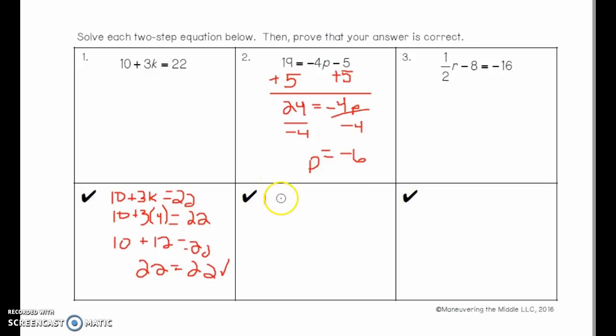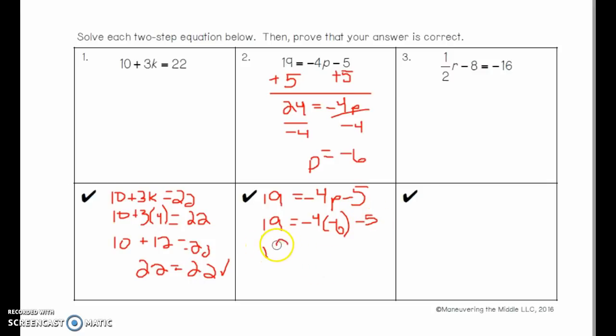We rewrite the original equation. 19 equals negative 4p minus 5. This time I know the value for p should be negative 6. So I'm going to rewrite this whole thing again. Negative 4, but in parentheses, negative 6, minus 5. I hope you can see it.